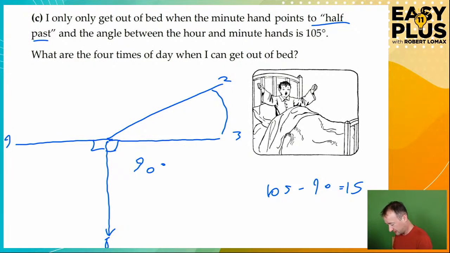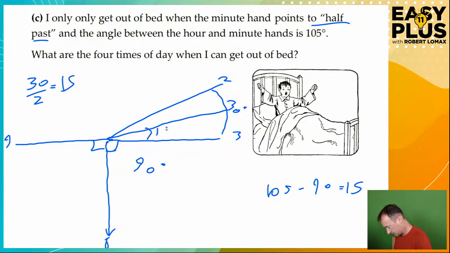Okay, so 15 degrees, if this is 30 degrees, 15 degrees, as we know so well, is of course half of 30. We'll just write that note to show to our lovely examiner that we know what's going on. So we can put another line in here, and that's going to be 15 degrees, and that is going to be halfway between 2 and 3.